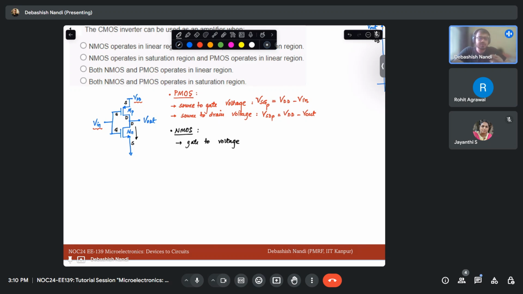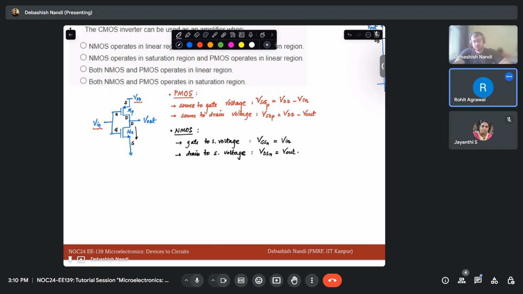In case of PMOS, the polarity is just opposite because your source will always be at the higher potential. For the NMOS, the gate to source voltage VGSN is equal to your V in, and the drain to source voltage VDSN is your V out.